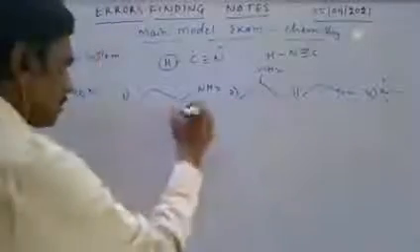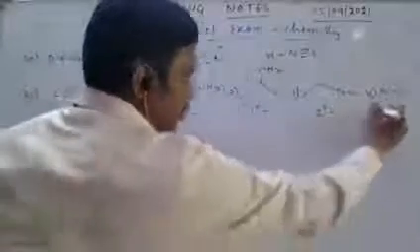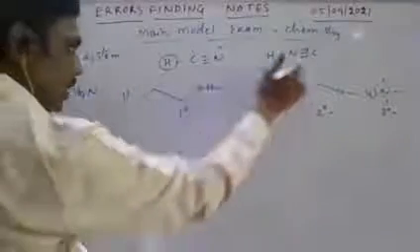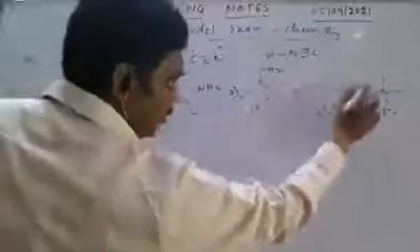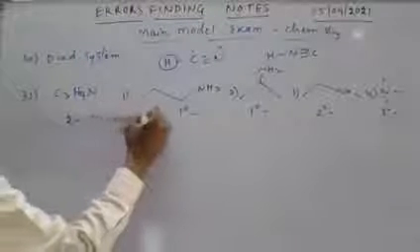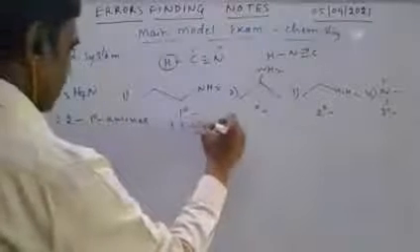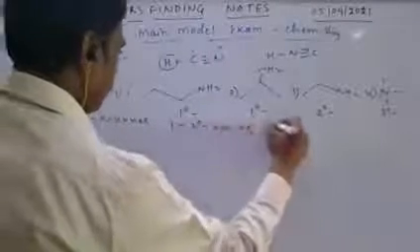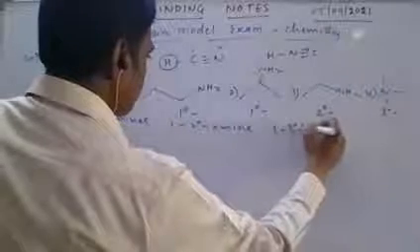These two are primary amines. This is a secondary amine. This is a tertiary amine, Nana. NH2 group, primary; NH2 group, primary; NH group, secondary; N with 3 different alkyl groups, that is a tertiary. So 2 primary amines, 1 secondary amine, 1 tertiary amine.